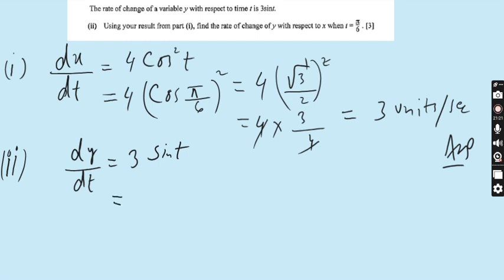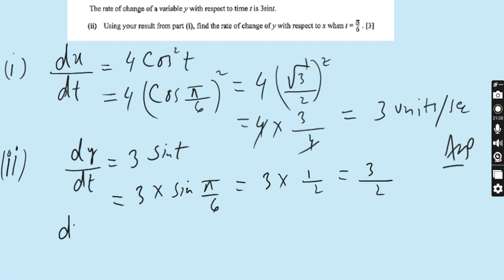So first we have to substitute in 3 sin t, t is pi by 6. Sin pi by 6, you know, 1 upon 2. So it is 3 upon 2.